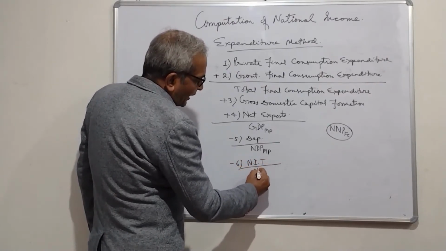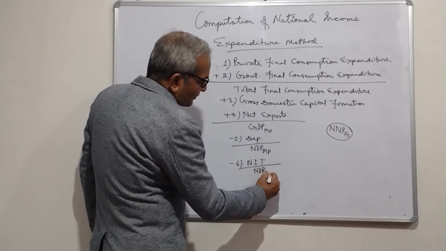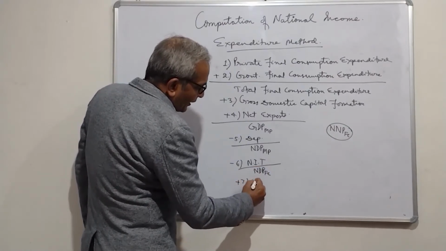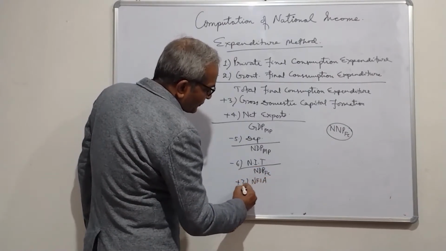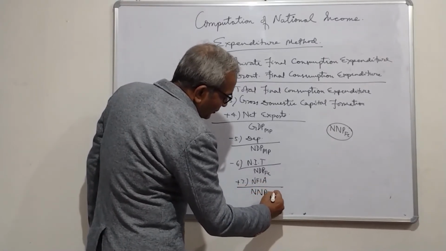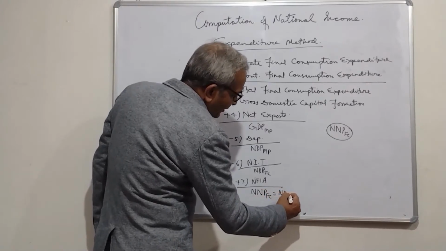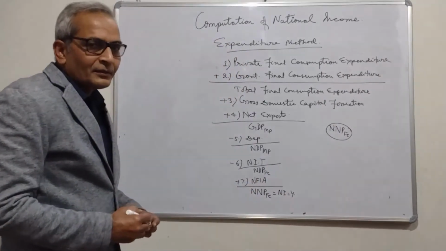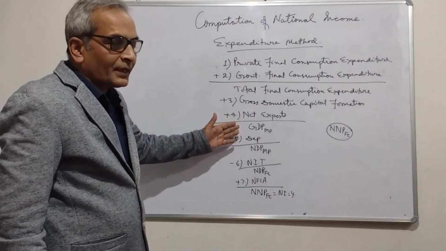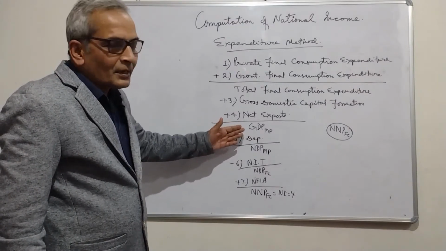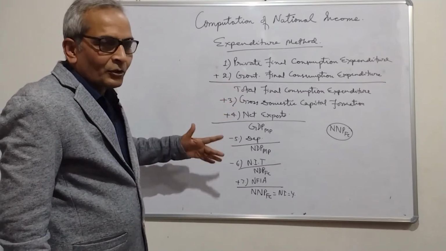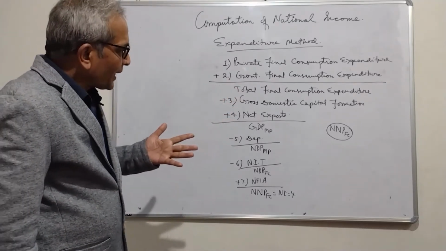We get NDP at factor cost. And to convert domestic into national, we add up NFIA, then we get NNP at factor cost, which is national income. Right? So, you are already aware of how to convert one aggregative measure of national income into another. We have done that in our previous video. I hope you are thorough with that.